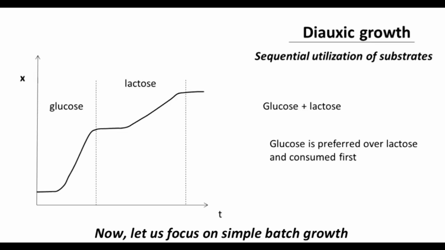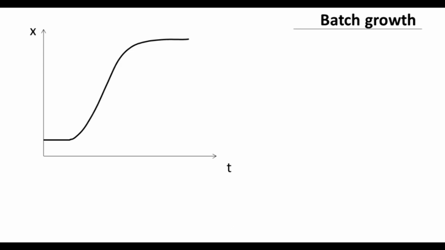Having said this, for our analysis, let us focus on simple batch growth that we saw earlier. One organism, one substrate, one limiting substrate, and so on. Batch growth, as we saw with real data, cell concentration versus time, a lag phase, something called a log phase, and a stationary phase.